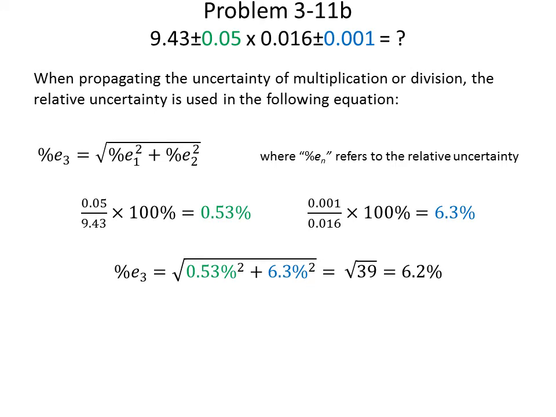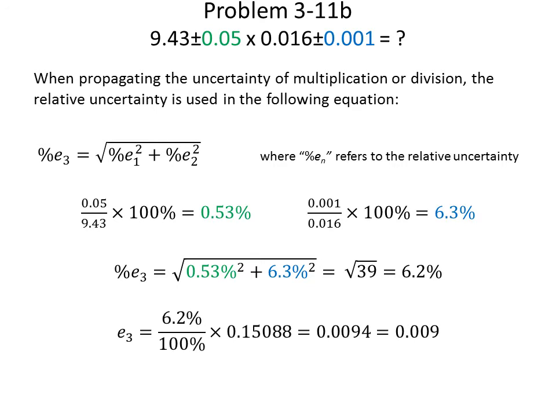When we plug these values into the uncertainty propagation equation, we find that the percent relative uncertainty, E3, is equal to 6.2%. We then convert percent relative uncertainty of E3 into absolute uncertainty E3.